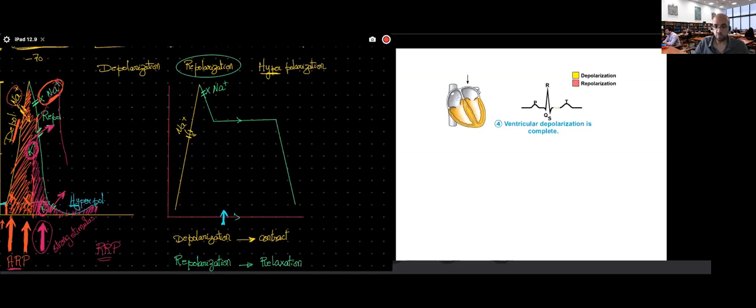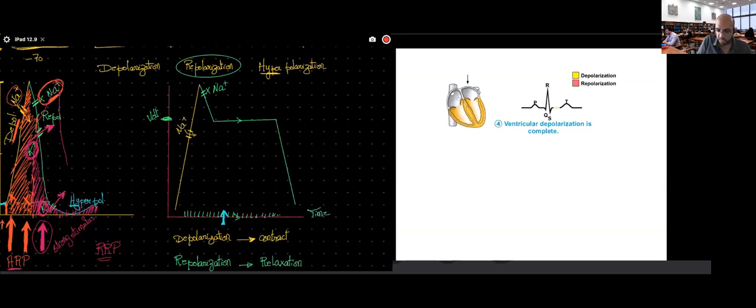What I mean by a line that is parallel to the x-axis in a graph is that this is constant, and here, what is this? It's the voltage. And on the x-axis, this is not constant. Here on the graph, it's time.